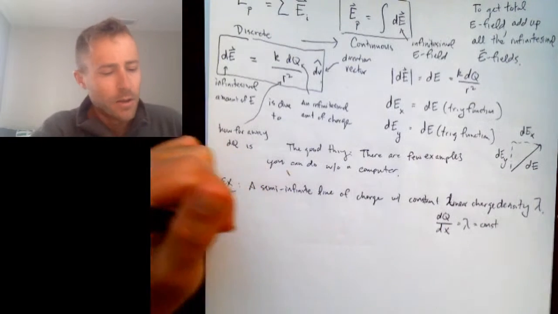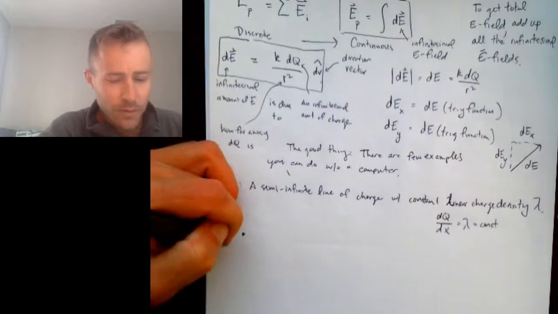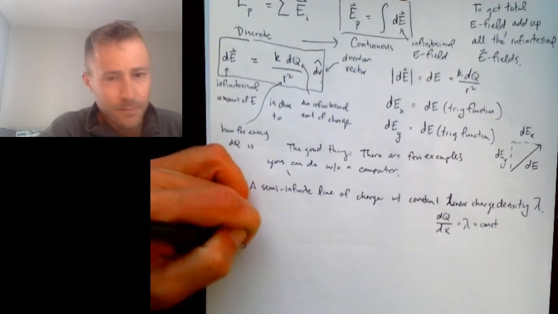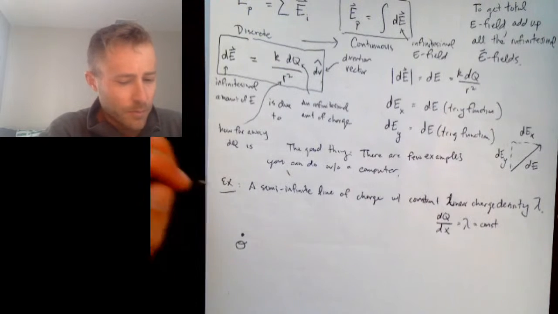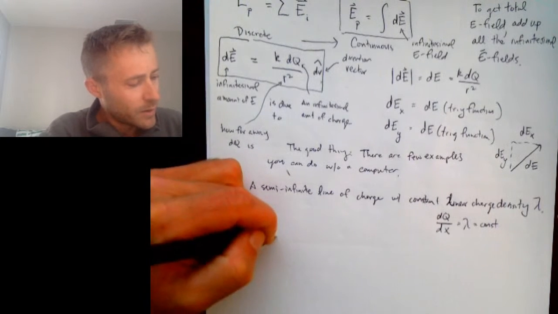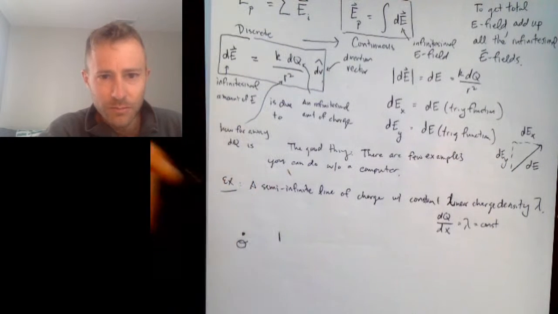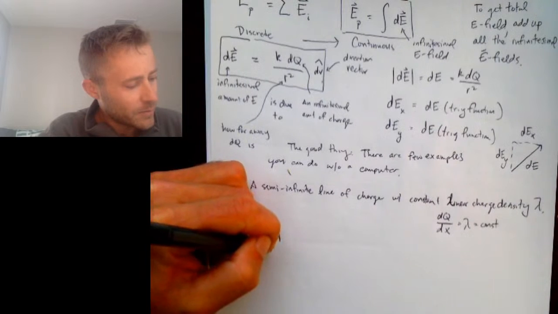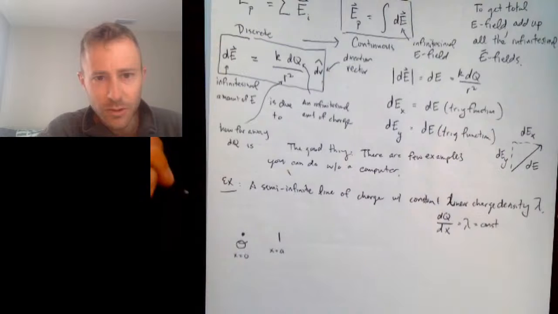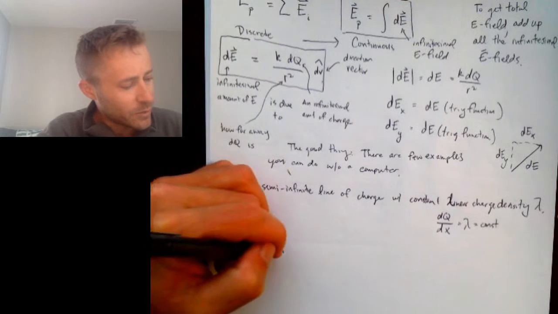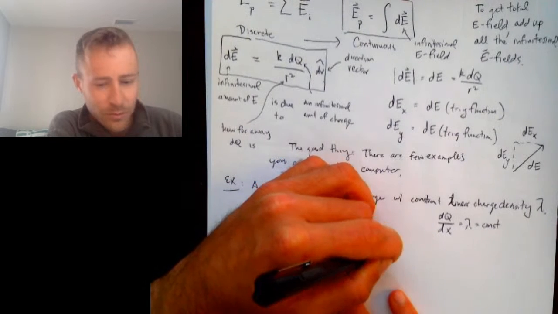Okay? So let me draw a picture of what we have here. We have the origin at x equals 0. When I say semi-infinite, I mean that this line of charge starts at x equals a and goes out all the way to infinity.